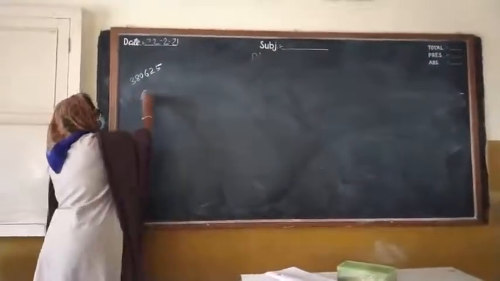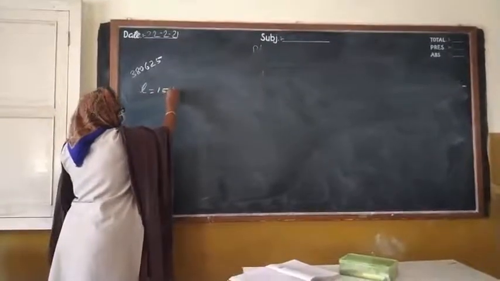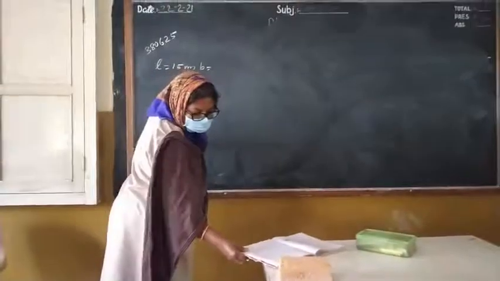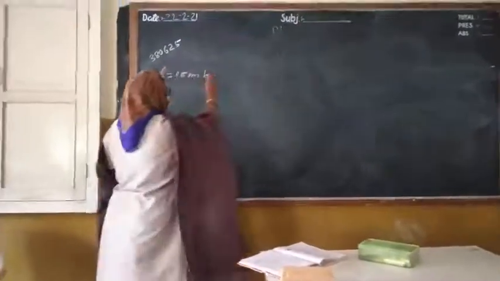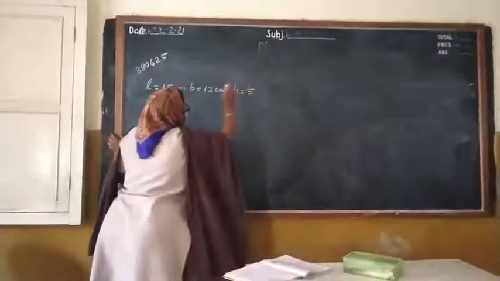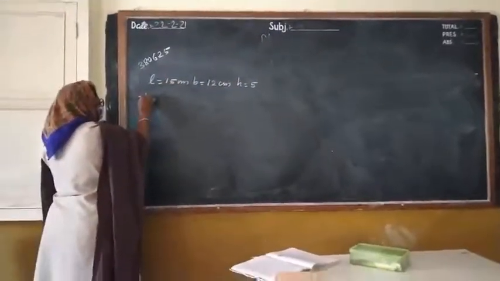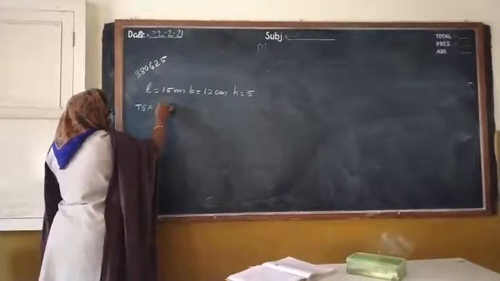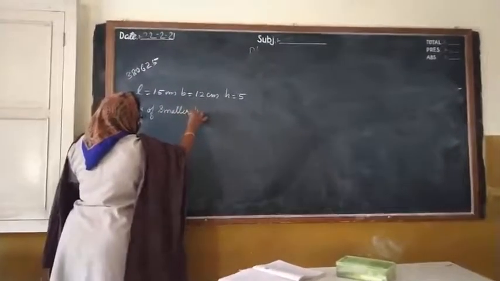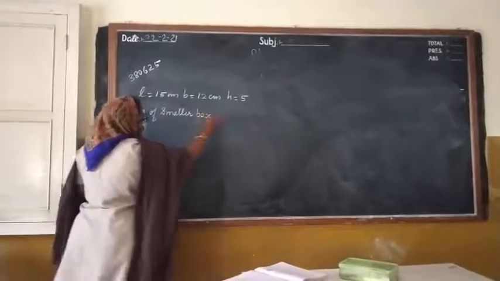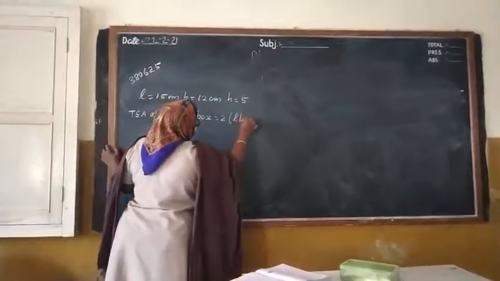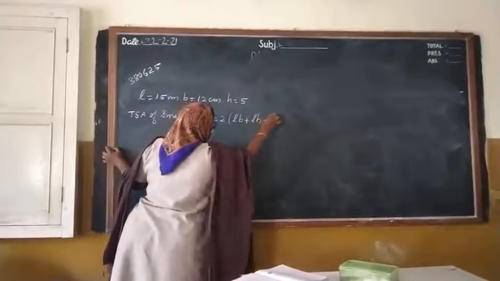Second part, L is equal to 15, B equal to 12, or H5. Okay? So, total surface area of smaller box is equal to 2 times (LB plus LH plus BH).